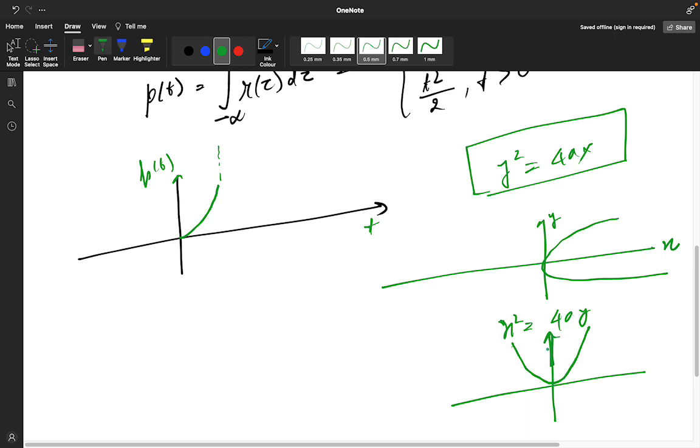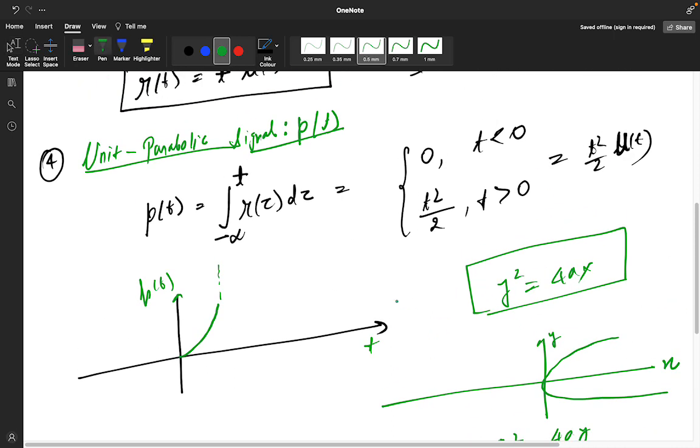But in the unit parabolic signal, this part is missing, because here we have a step function, and we know that the step function for a negative argument gives 0. If the argument is negative, like -1, -2, then the result of the square will be positive.